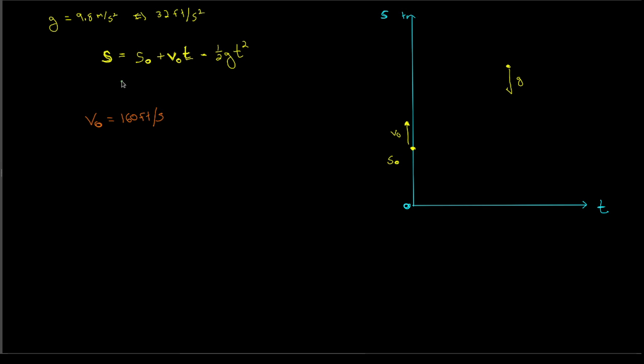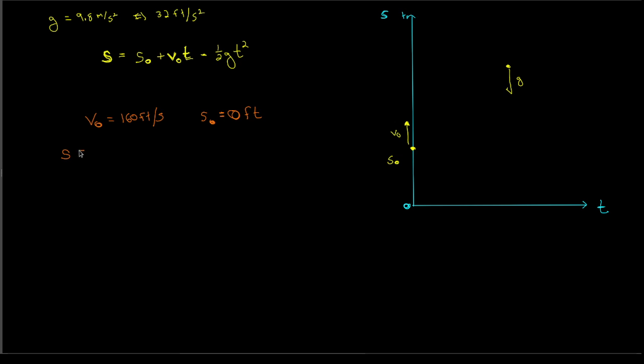How high does the rock go? We'll need to figure out what our height is. We're going to use that the rock is launched from the ground, so s sub 0, the height at time equals 0, is 0 feet.